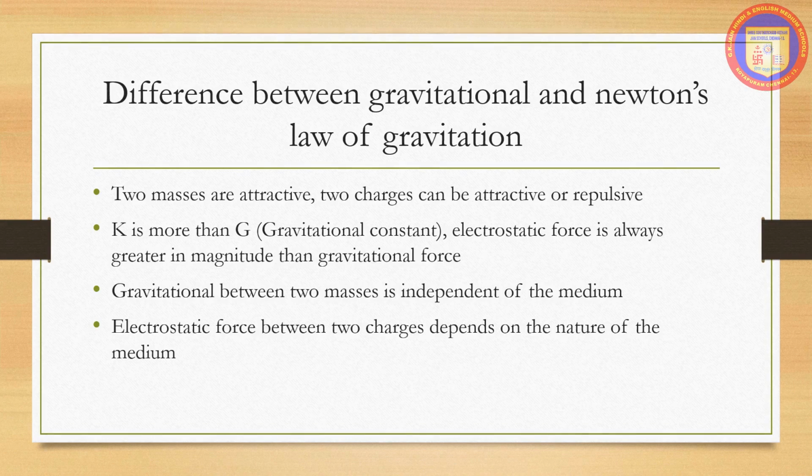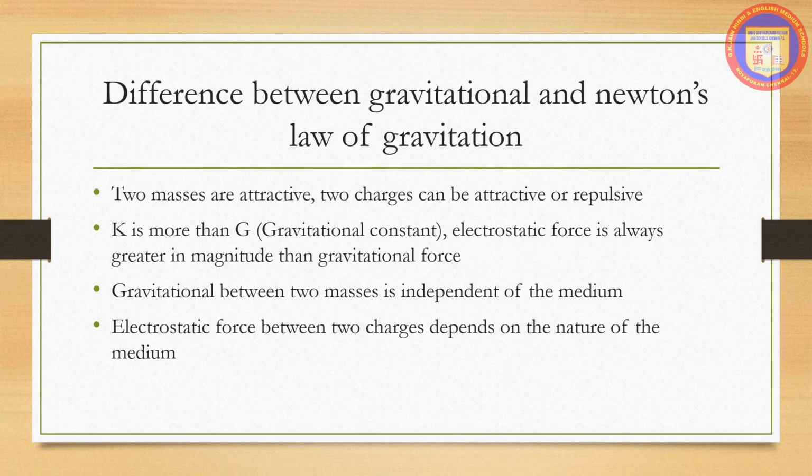The gravitational force between two masses is always attractive, but Coulomb's force between two charges can be attractive or repulsive depending on the nature of the charges. The value of the gravitational constant G is equal to 6.626 into 10 power minus 11 Newton meter square kg power minus 2.